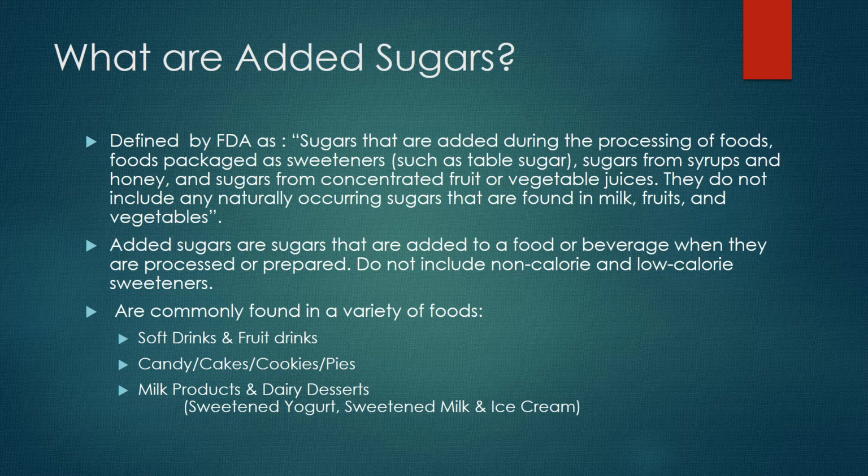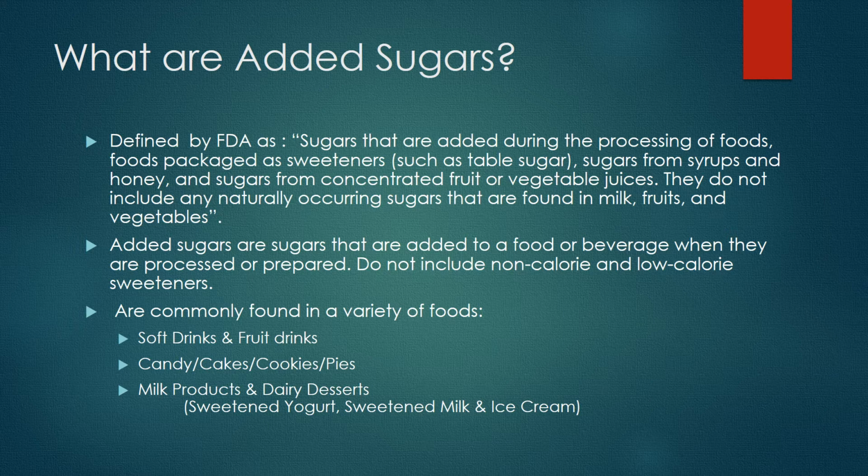It is defined by the FDA as sugars that are added during the processing of foods, packaged as sweeteners, such as table sugar, sugars from syrups and honey, and sugars from concentrated fruit or vegetable juices. They do not include any naturally occurring sugars that are found in milk, fruits, and vegetables.